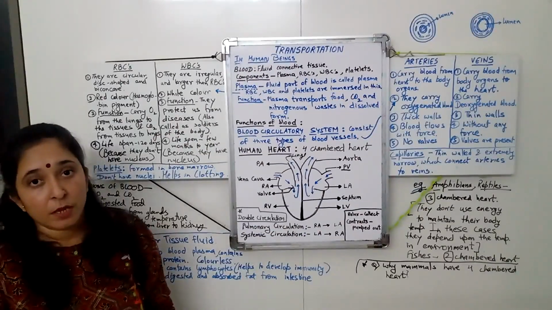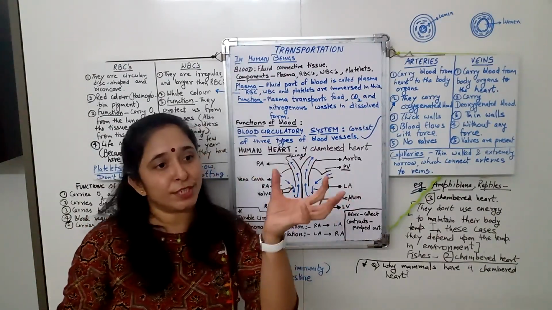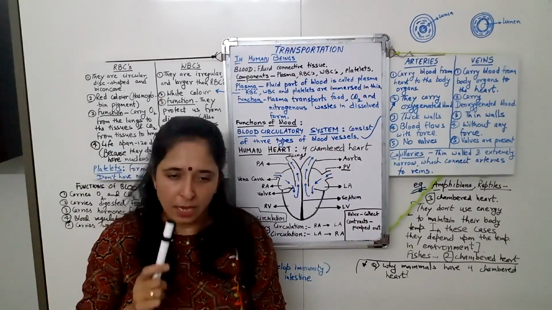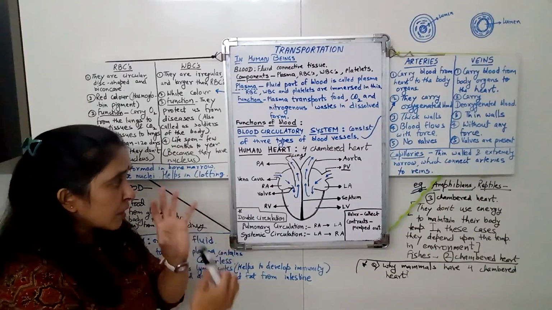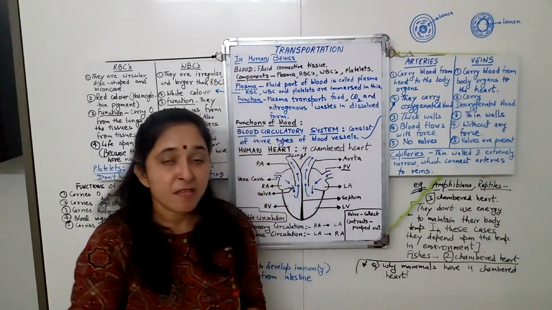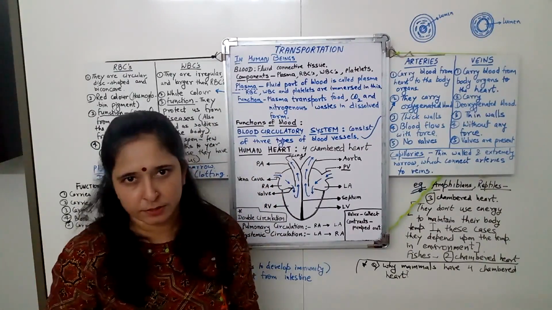Or in the case of mammals and birds, why is the oxygenated and deoxygenated blood separated? What is the reason? I will tell you the reason. The reason is that by separating the oxygenated and deoxygenated blood, the efficiency to get the energy will be increased.